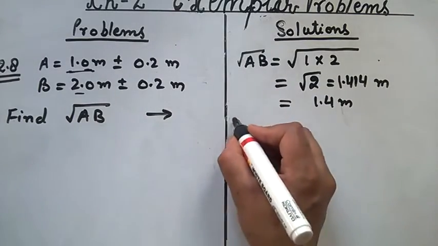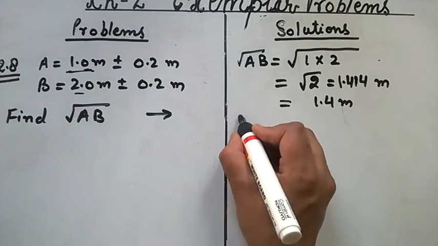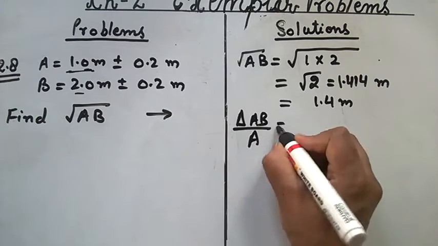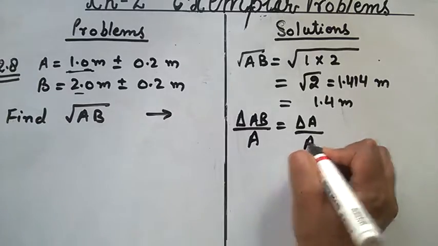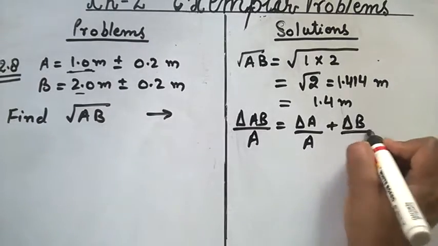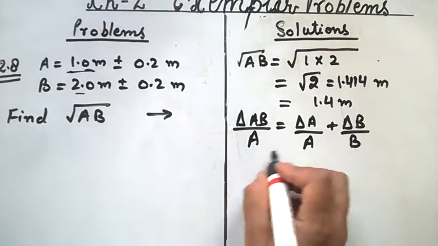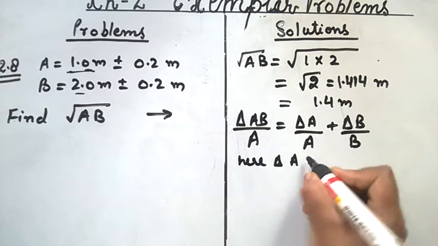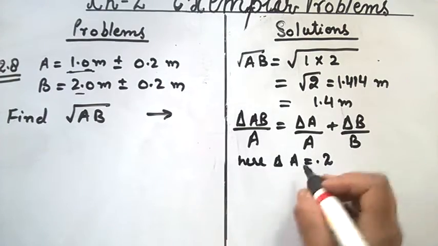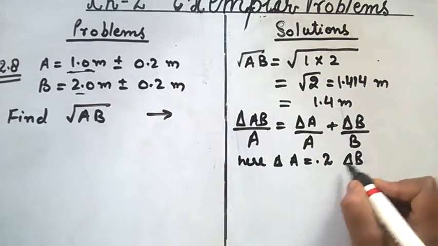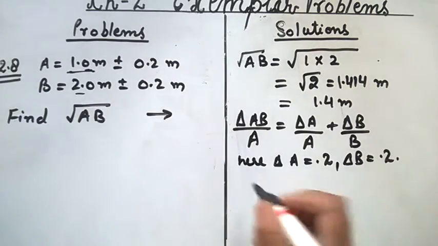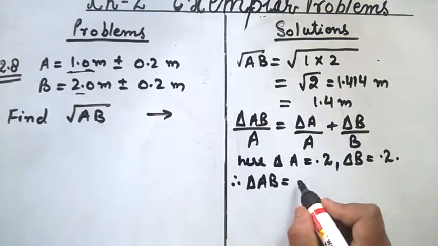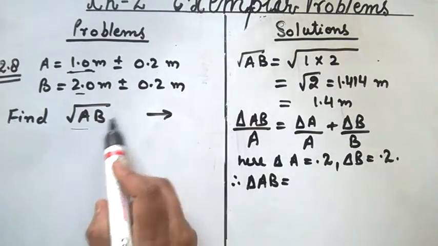Now calculate the error in them. It is equal to delta AB by AB equal to delta A by A plus delta B by B. Here delta A is 0.2 and delta B is 0.2. Therefore, we are calculating the error in root of AB.